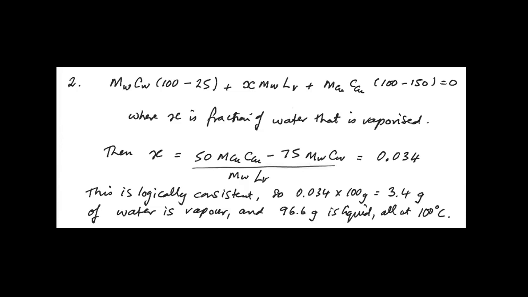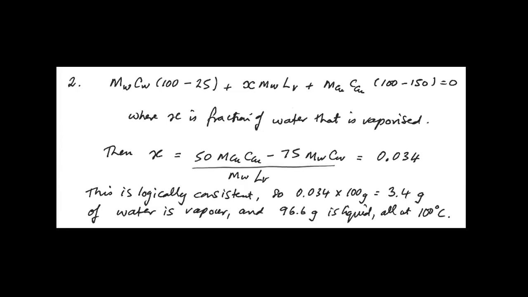Then a fraction x of the water is converted to steam, so that's a partial phase change. The third part is the heat added to the copper pot. We add all those to 0, and then this time we solve for x, and we find that it's 0.034. This is logically consistent because it is perfectly possible that 3.4 grams of water is converted to steam, and now we have a mixture of water and steam at 100 degrees centigrade.